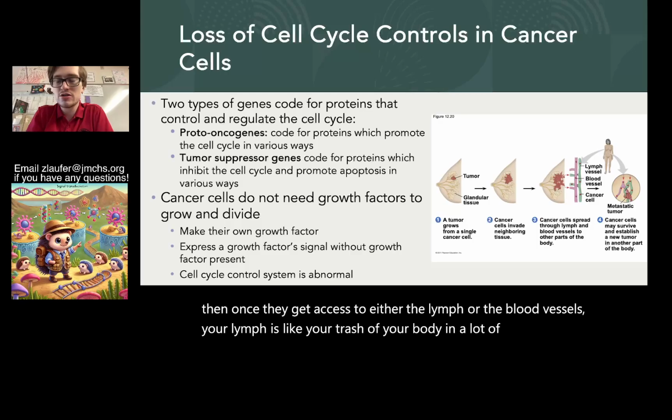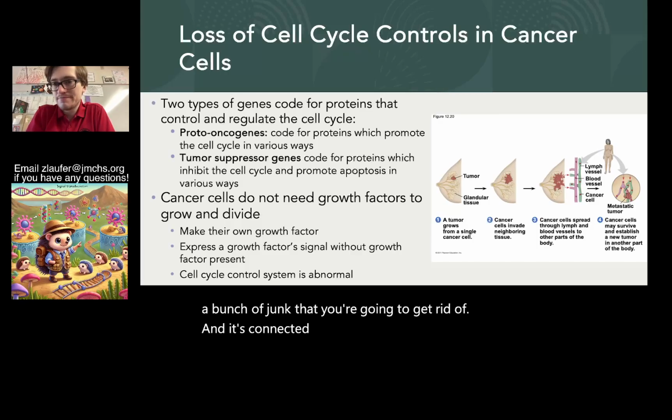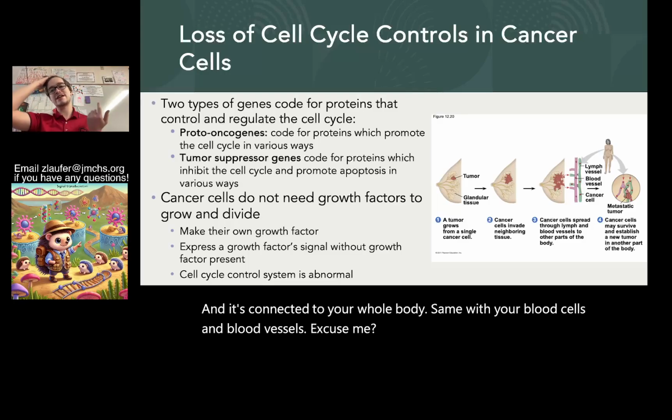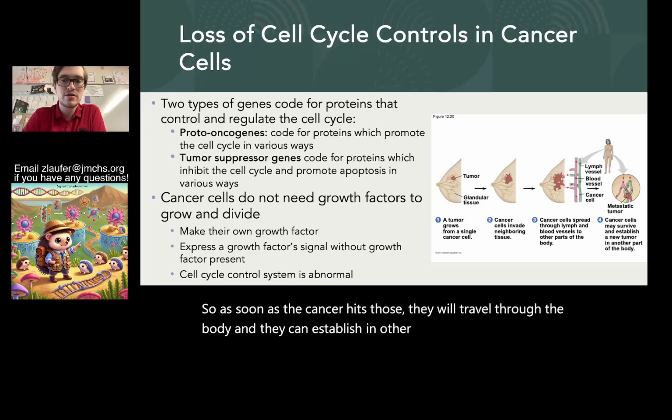It's just a bunch of junk that you're going to get rid of. And it's connected to your whole body. Same with your blood vessels, so as soon as the cancer hits those, they will travel through the body and they can establish in other regions and form other tumors in other areas.